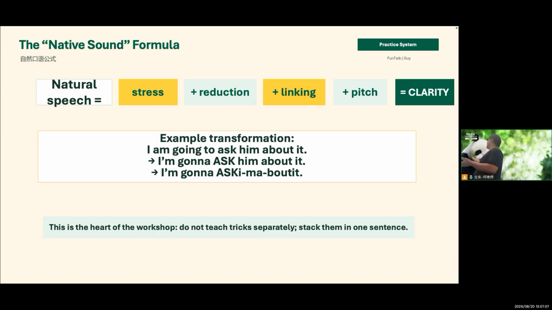Let me just do one example, I guess. I am going to ask him about it, right? In the end it's going to be like this: I'm gonna ask him about it. Ask him about it. Okay, just an example. Why don't you try saying this?